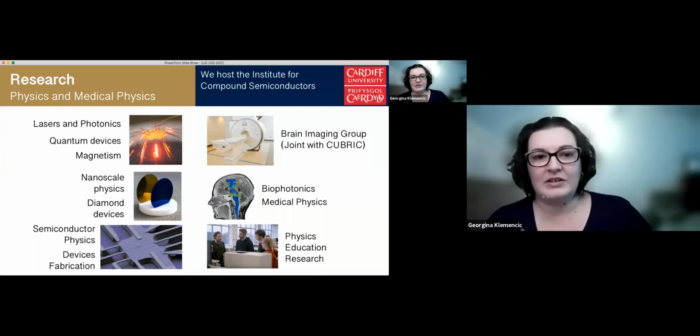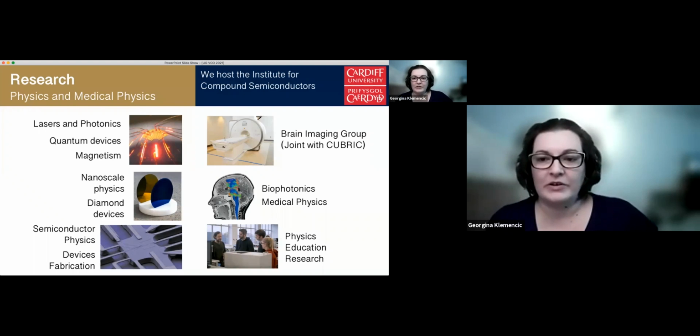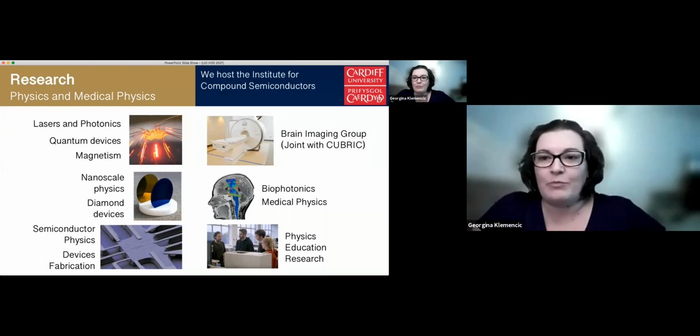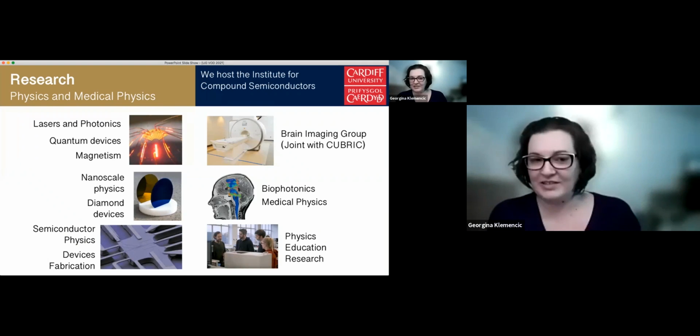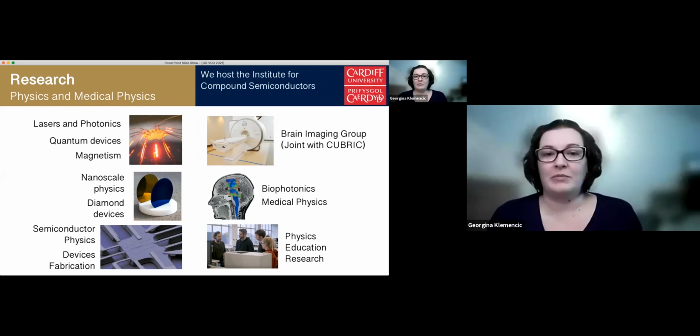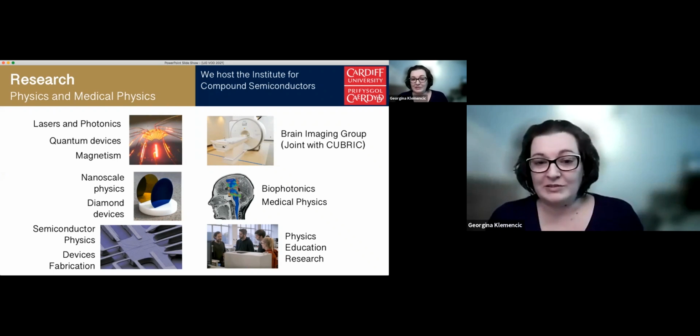My own research, for example, is associated with the diamond research group. So we grow diamonds, and then my own particular area of research is low temperature physics. So I take a material, which in this case is diamond, and I cool it down, and I try and work out how that material works. And most of condensed matter is roughly that.